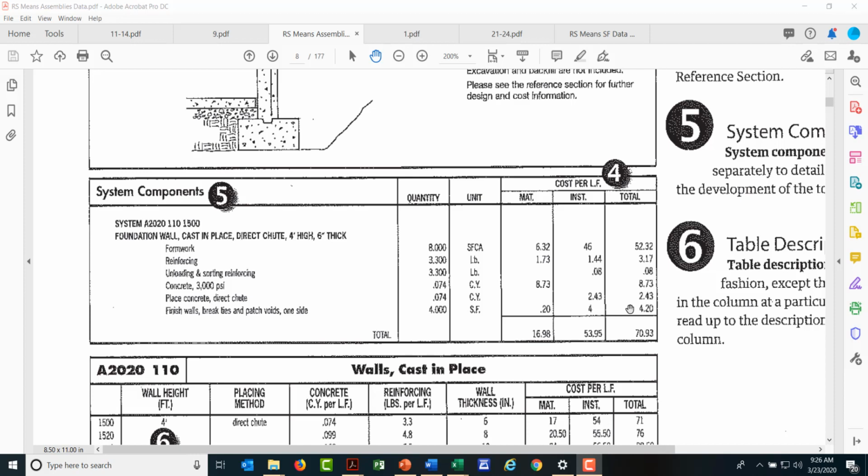And you're going to be faced with doing that time and time again, having to mix and match these assembly prices, because you may not find exactly what you want. And if you go to the system component breakdown, you can actually see how they built up the assemblies. I'll show you a little bit more in a minute.